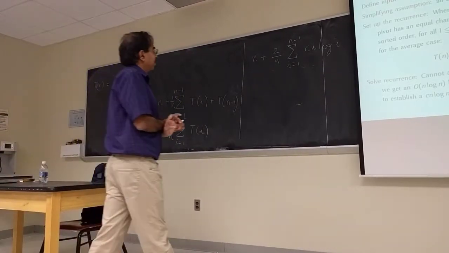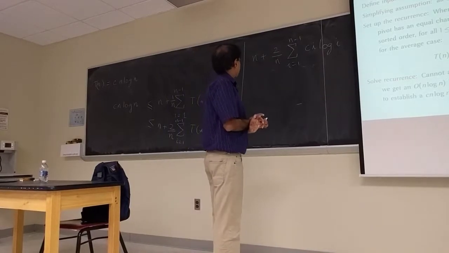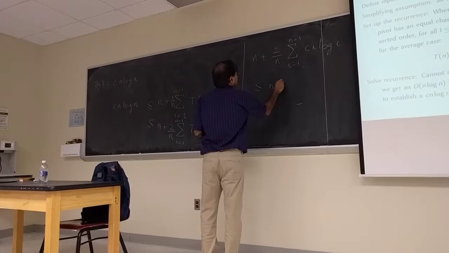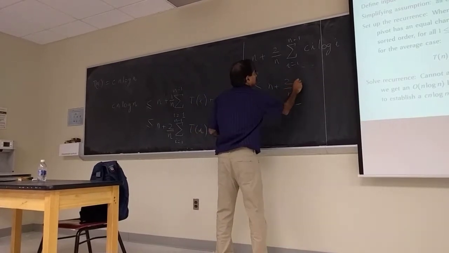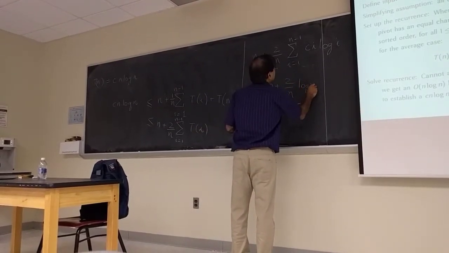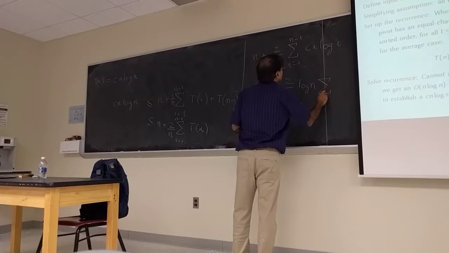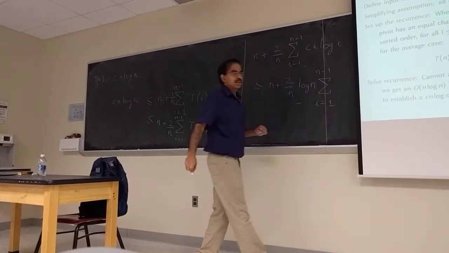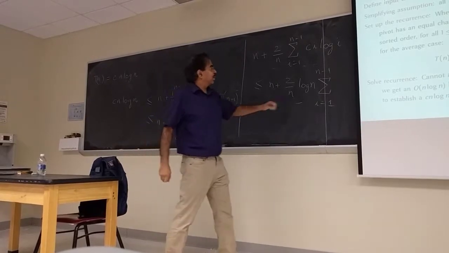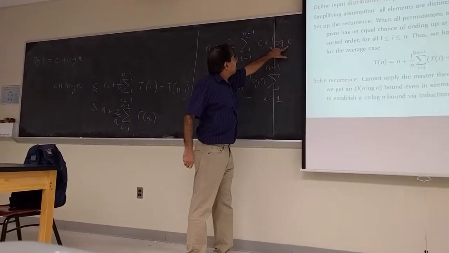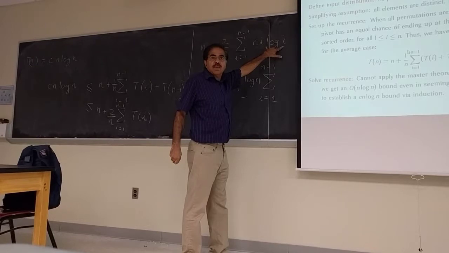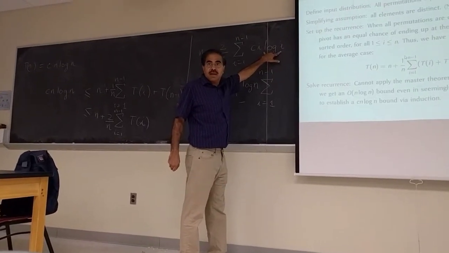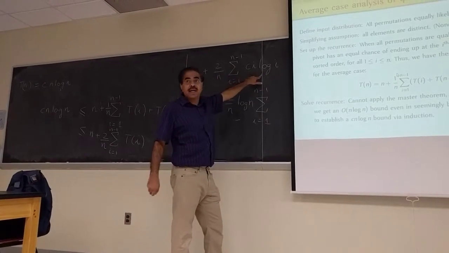So we can try to use approximation and say this is less than or equal to n plus 2 by n of a summation. What we are doing here is saying instead of log i, I'm going to replace log i with log n. Log n is of course greater than or equal to log i.